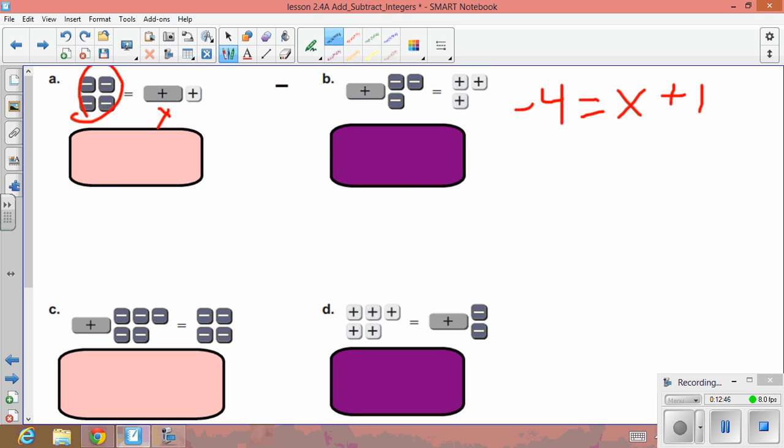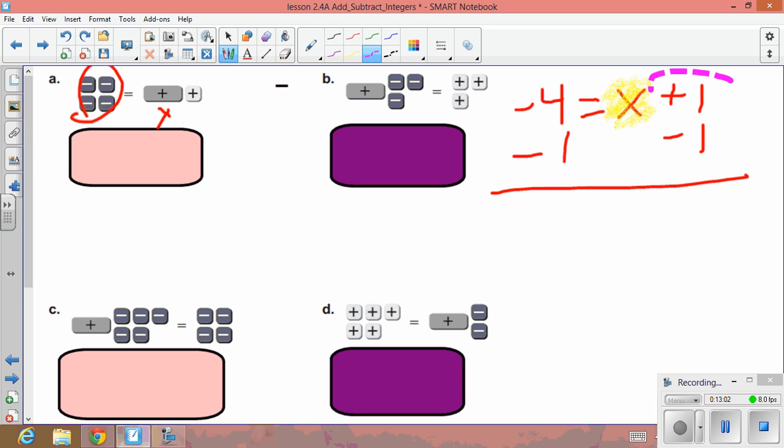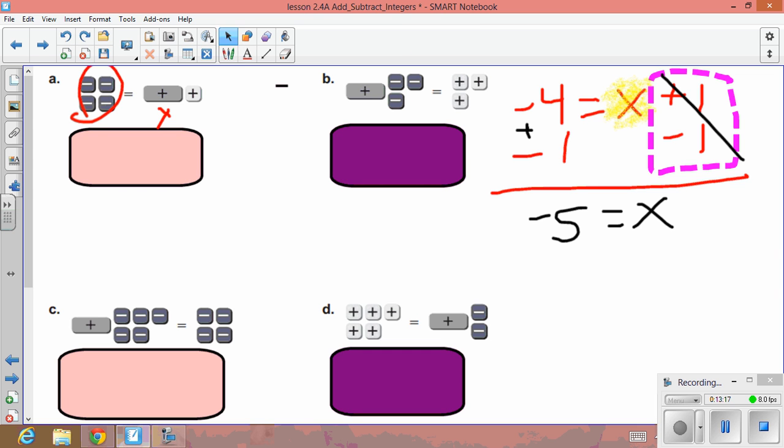Once again, we want to isolate the variable, so we get rid of the plus 1 by taking the inverse. Remember, these are considered opposites. Those cancel, leaving me with the variable equals negative 4 minus 1. Since the signs are the same, just add them and keep negative. x is negative 5.